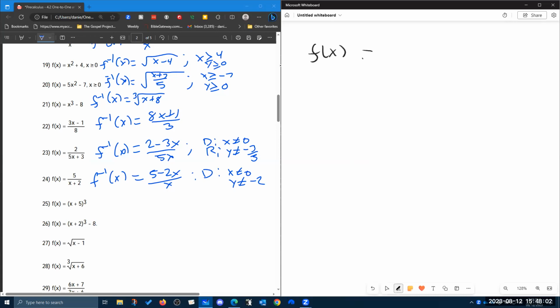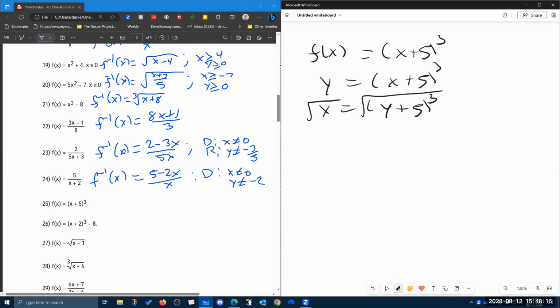F of x is equal to x plus 5 quantity cubed, so y equals x plus 5 cubed. Switch x and y. Take the cube root of both sides. Cube root of x is equal to y plus 5.